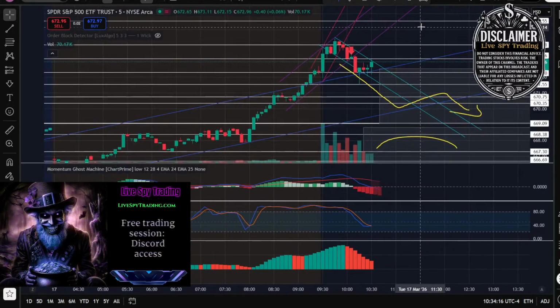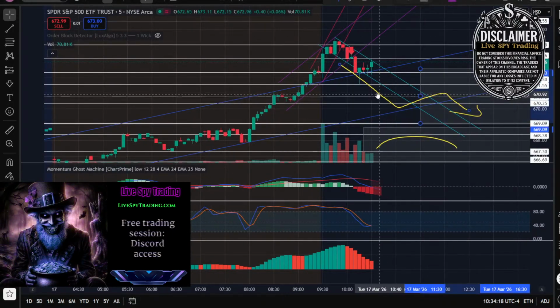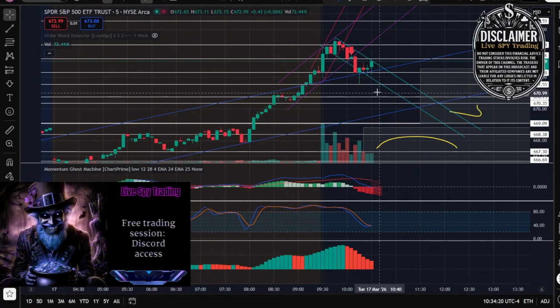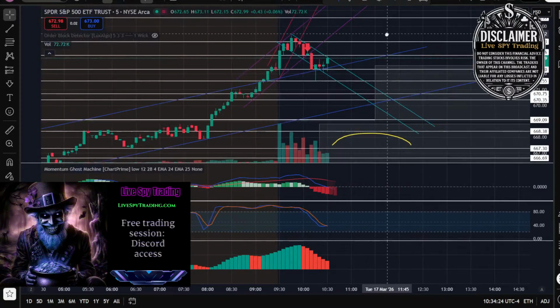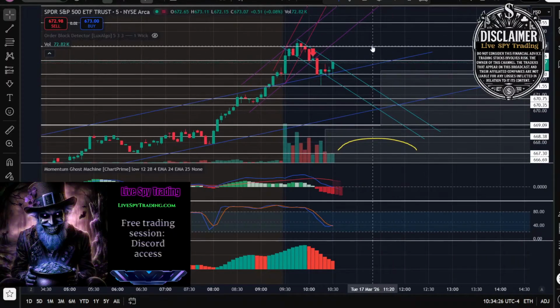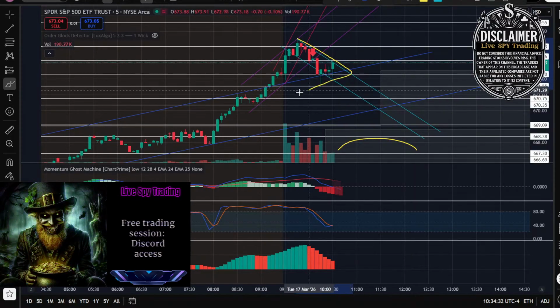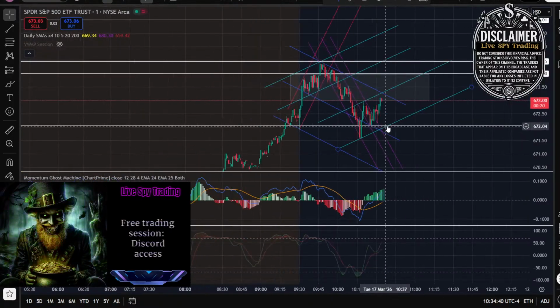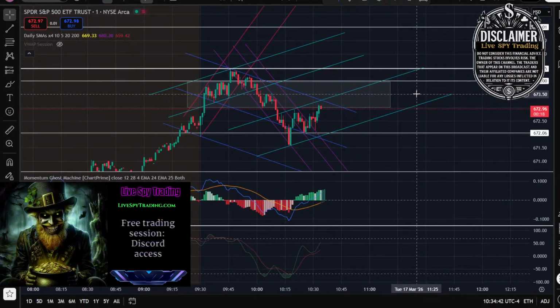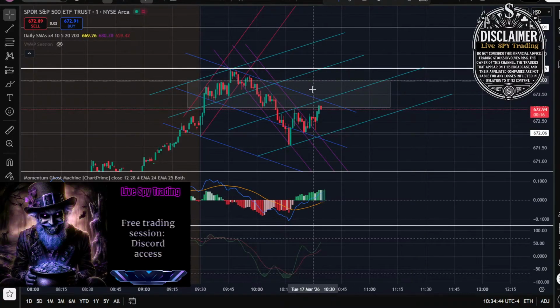All right, so we see here, let me clear this. Now we might see a possible this and this. So they're testing this liquidity box again.